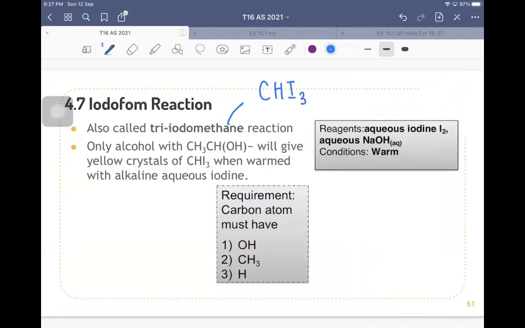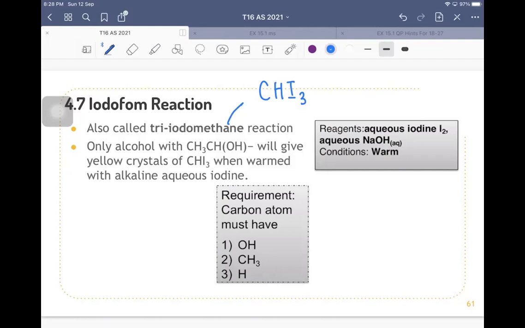So it comes from a methane group, but 3 of the hydrogens in methane have been replaced with iodine. That's why it's CHI3. Only alcohol with the CH3CHOH group will give yellow crystals or yellow precipitate of triiodomethane.